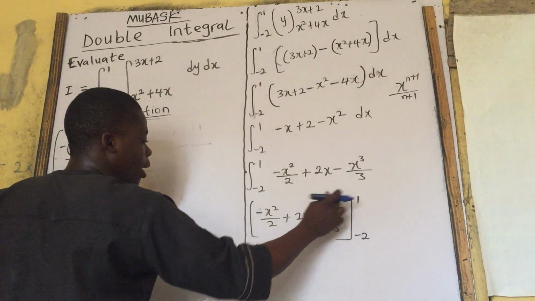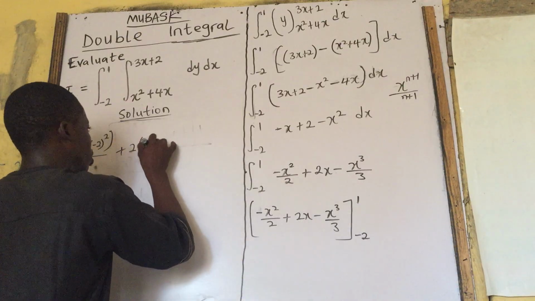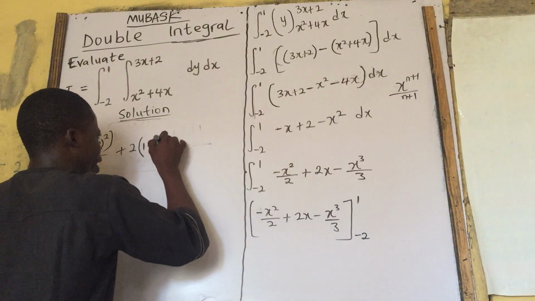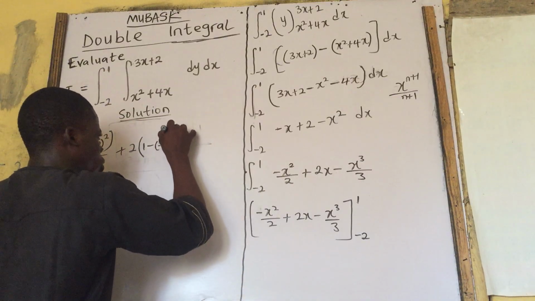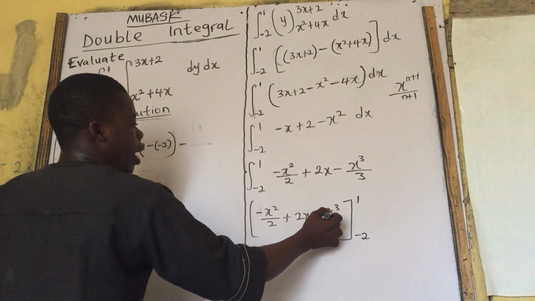So what is our upper limit? Our upper limit is 1 minus, what is our lower limit? Minus 2. Open bracket minus 2, close bracket, close bracket, minus x squared.